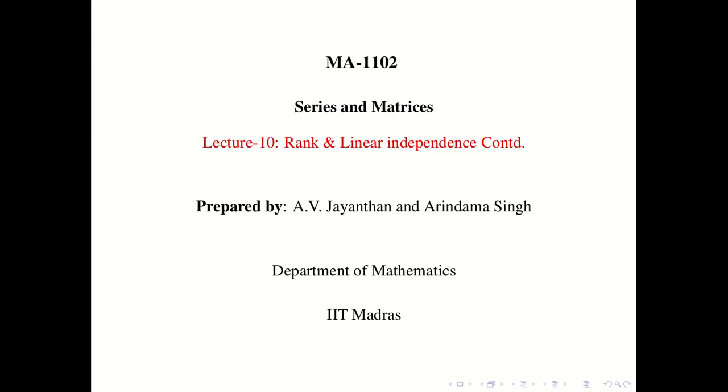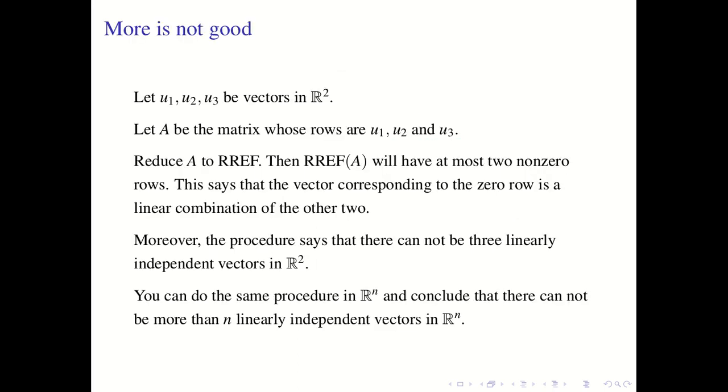Welcome to lecture 10. So in this lecture we continue with rank and linear independence. Suppose you take three vectors u1, u2, u3 in R2. Construct a matrix A whose rows are u1, u2, u3.